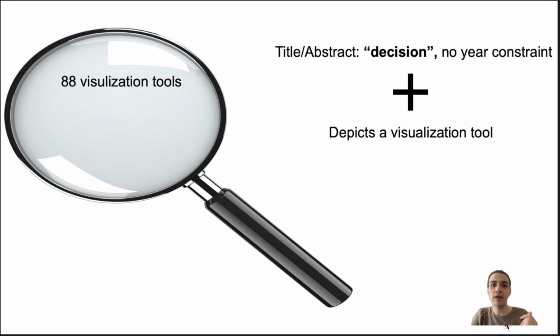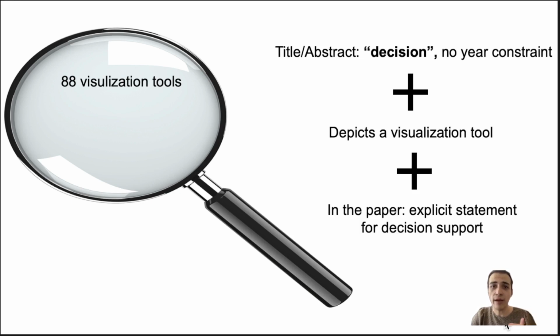This initial exploration turned out a limited collection of 88 articles, each discussing a visualization tool in the context of decision making. Later, we narrowed down our search by honing in on articles where the authors explicitly emphasize their tool's support for decision making. But to what extent do these 60 visualization tools support decision making?